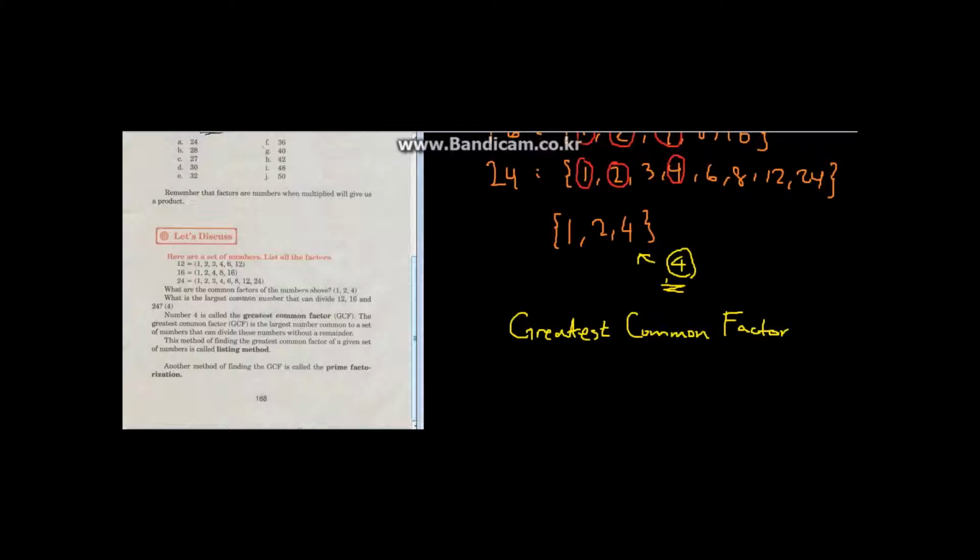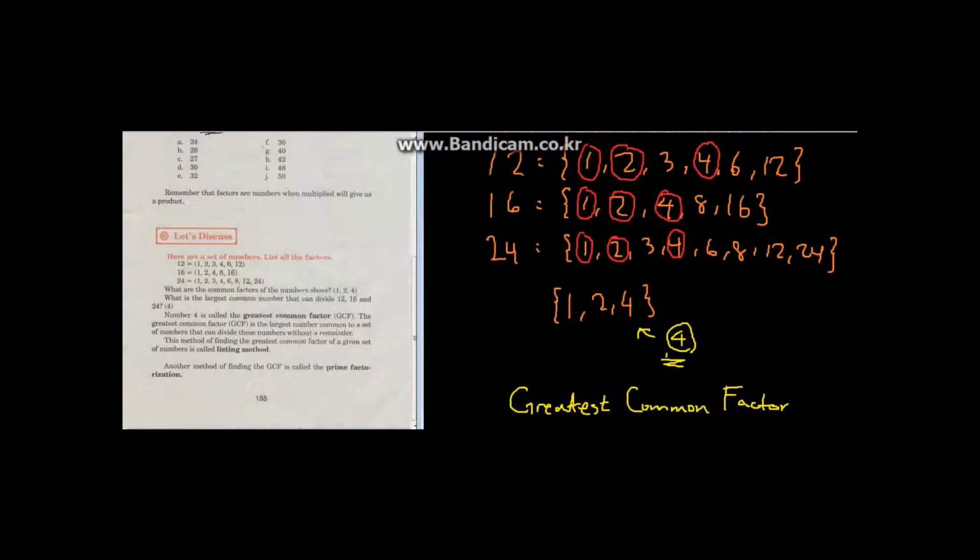So the greatest common factor is the largest number common to a set of numbers that can divide these numbers without a remainder. If you divide those numbers by 4, the remainder would be 0. So 4 is the greatest common factor of 12, 16, and 24.